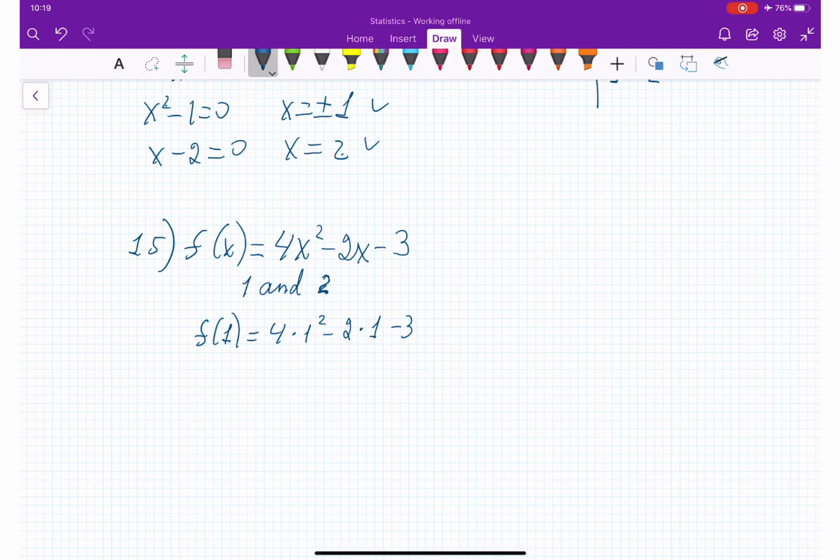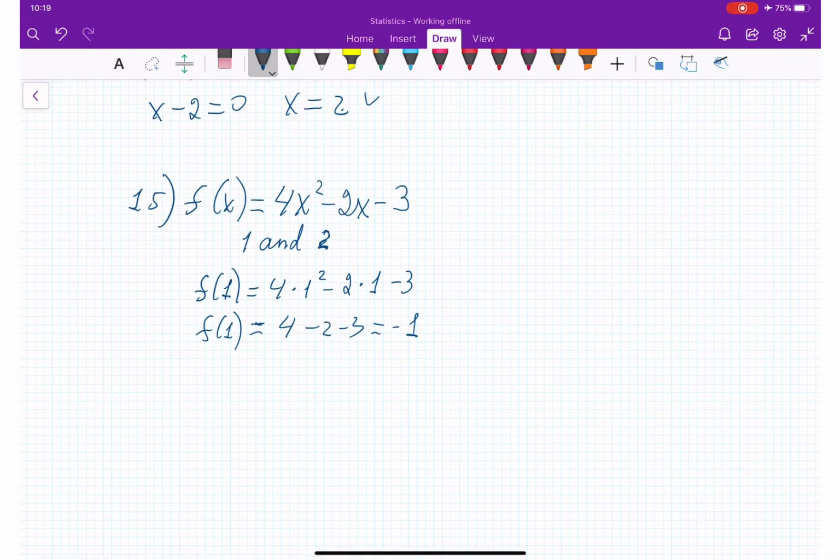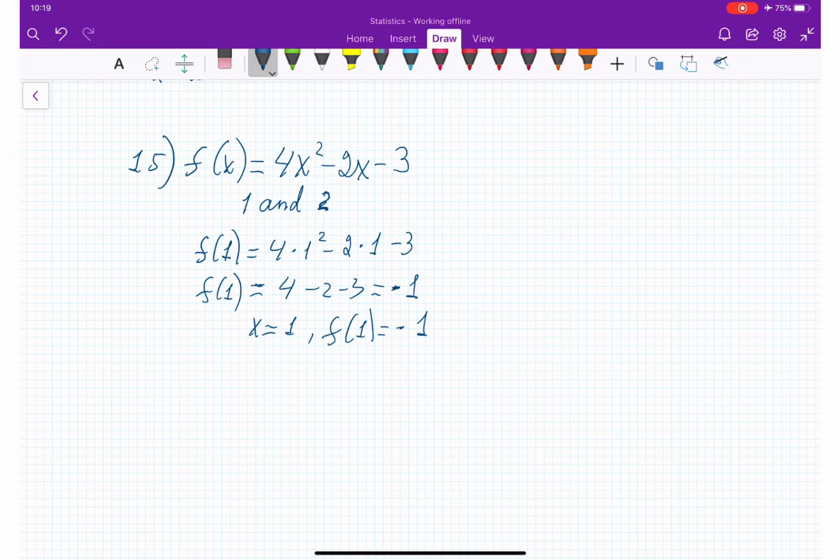So f of 1 is equal to 4 minus 2 minus 3, which is equal to -1. So when x is equal to 1, f of 1 is equal to -1. So that's a coordinate, practically, 1 and -1. There we go. That's the first one.